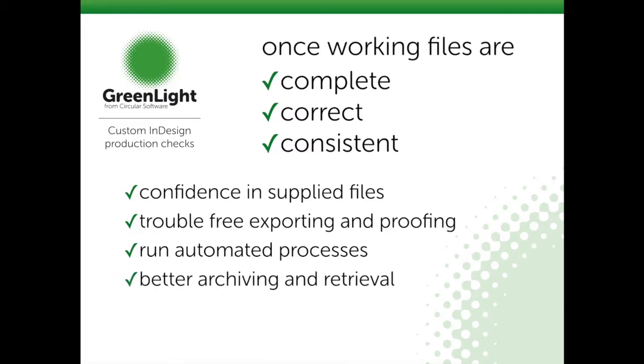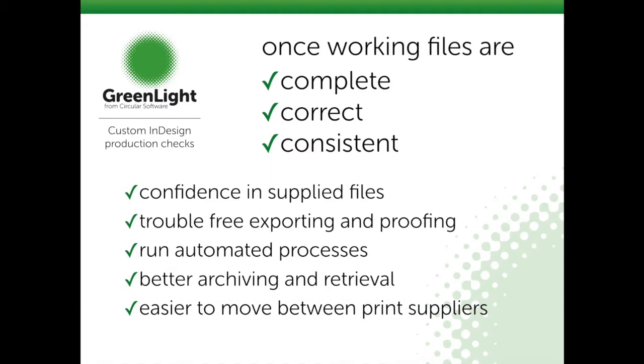Much better for archiving and then pulling out of archive, being able to find the files and store them properly, and then move between different print suppliers late in the day, because we've got a central, complete, correct, consistent set of files. And that means that we're ready for whatever else we want to do with our files in the future that we maybe haven't thought of yet.